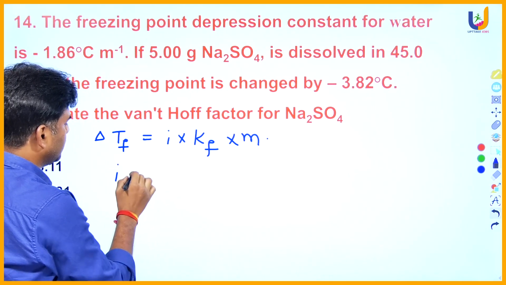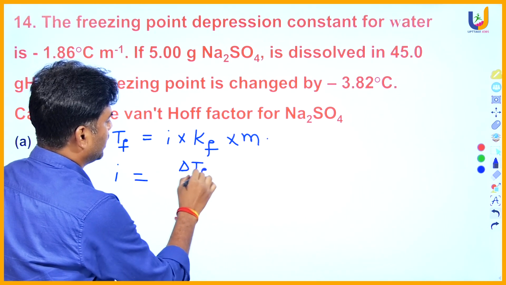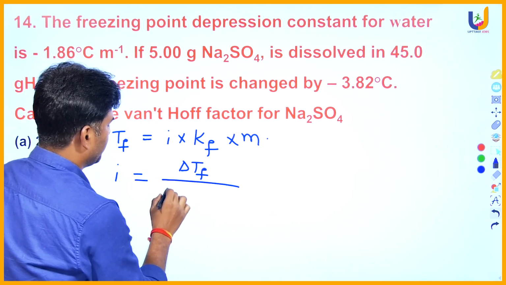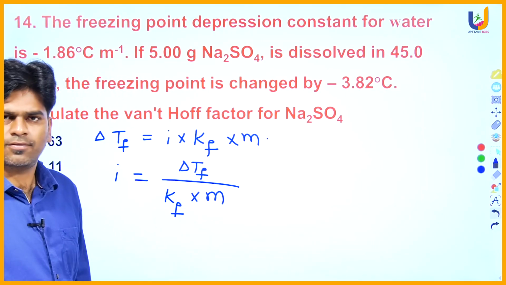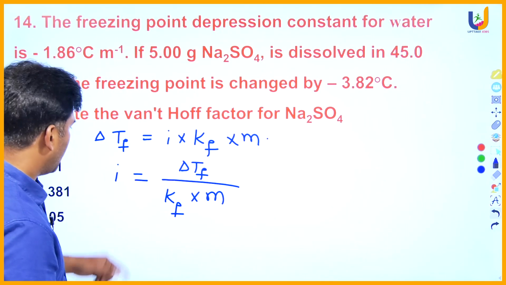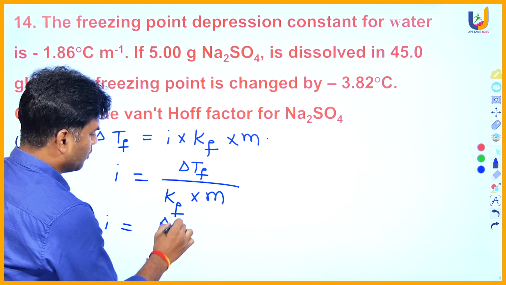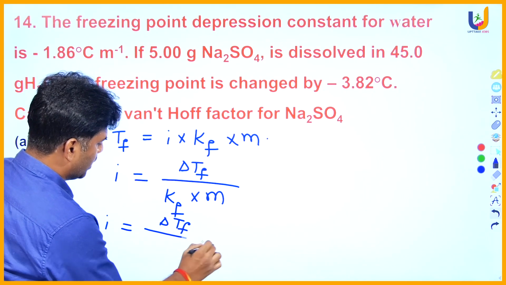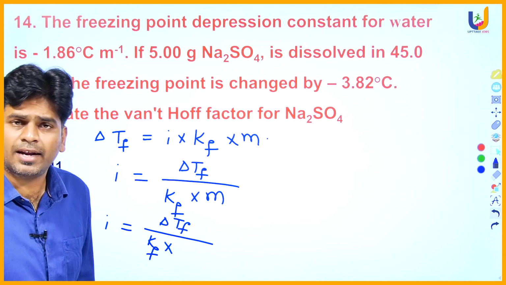So i is equal to delta Tf by Kf into molality. This is the formula. What is the formula of molality again?